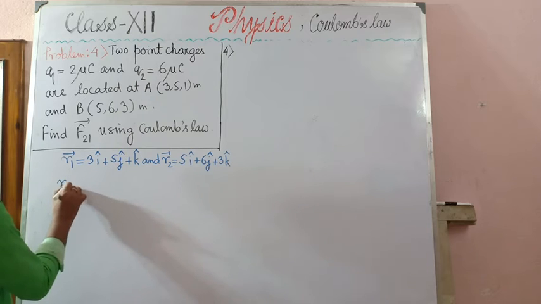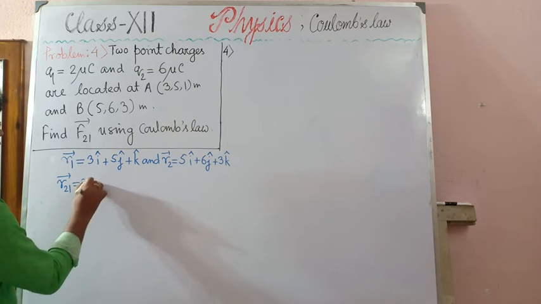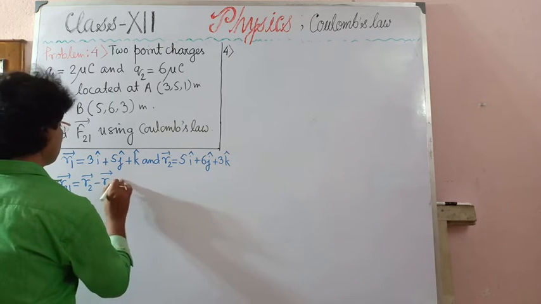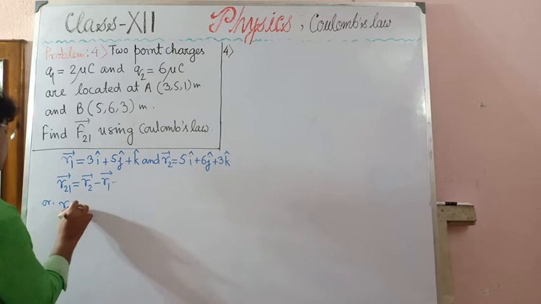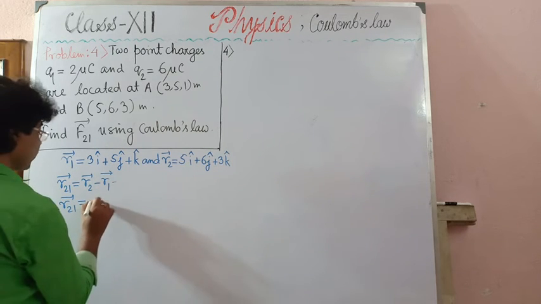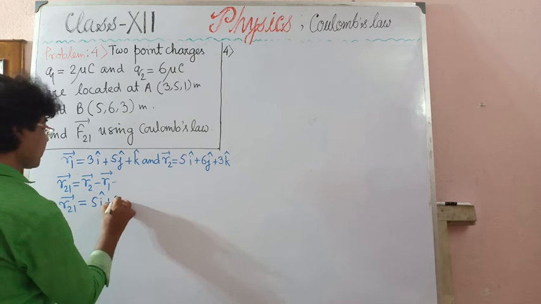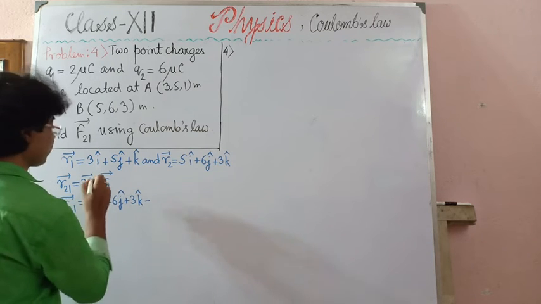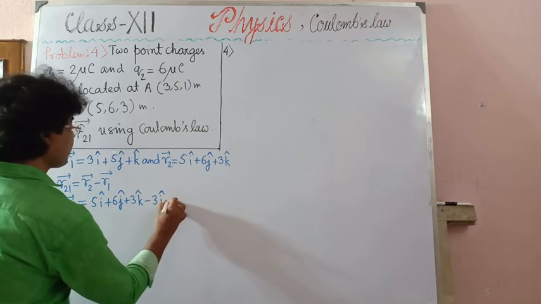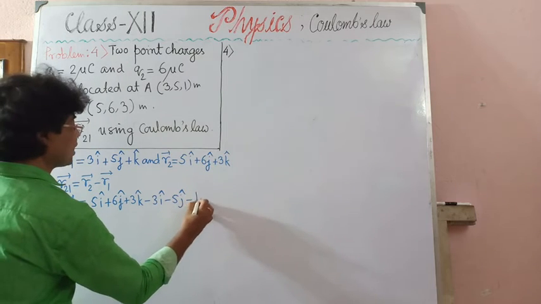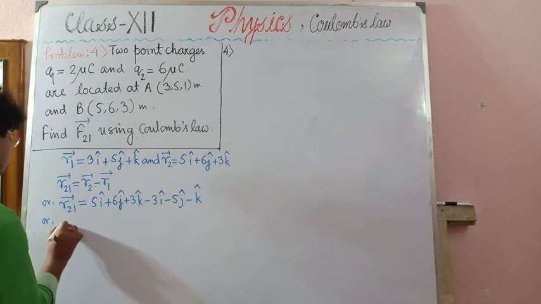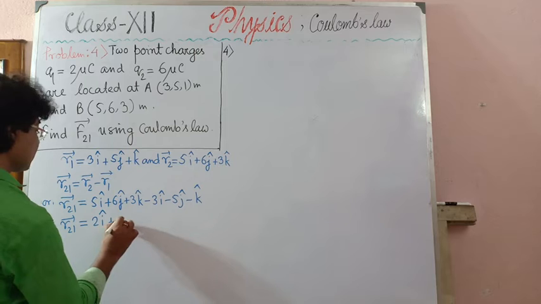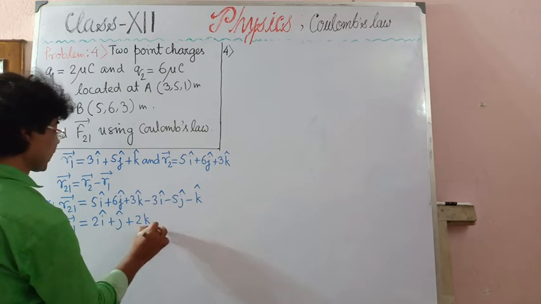Now R21 vector equals R2 vector minus R1 vector, or R21 vector equals 5i cap plus 6j cap plus 3k cap minus 3i cap minus 5j cap minus k cap, or R21 vector equals 2i cap plus j cap plus 2k cap.